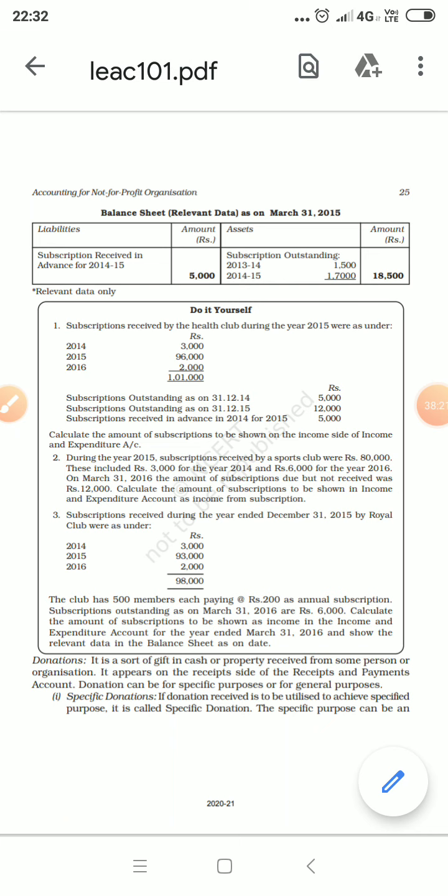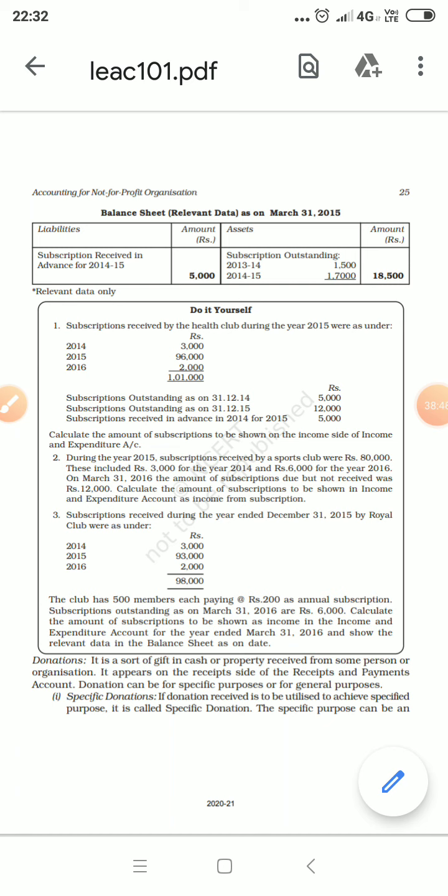On 31st March 2016, amount of subscription due but not received was 12,000. So 12,000 is current year's outstanding. Calculate the amount of subscription to be shown in income and expenditure account as income from subscription. So 80,000 minus 3,000 minus 6,000 plus 12,000 is your answer.